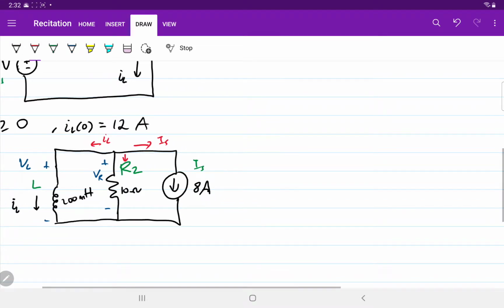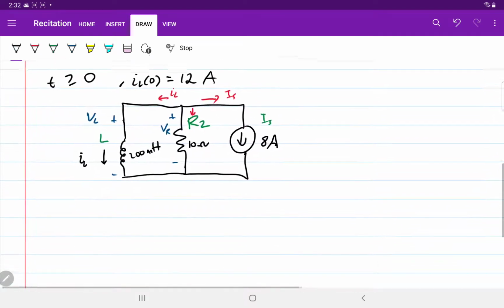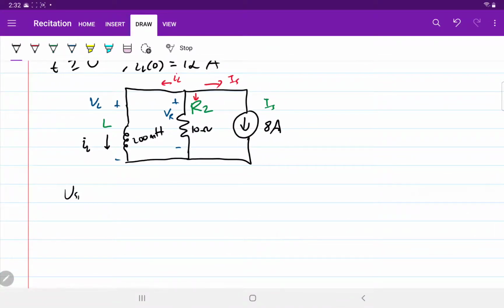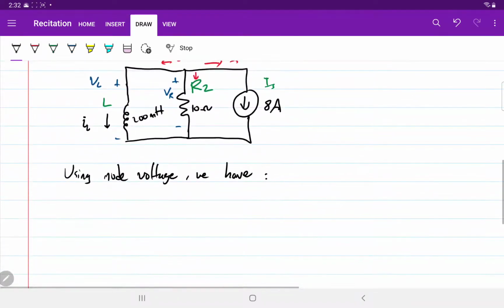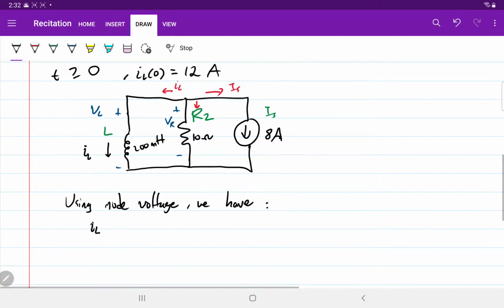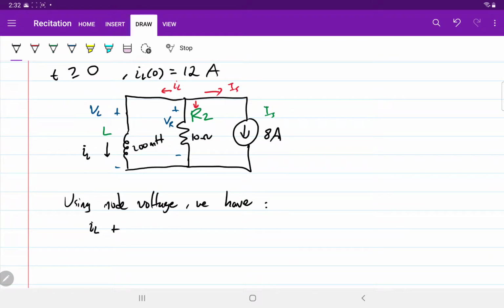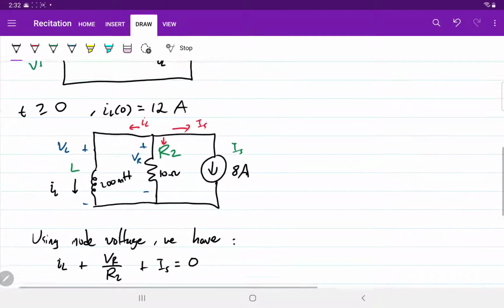So using node voltage, we have IL, plus the current flowing through this resistor, which is VR over R2, plus IS equals 0.